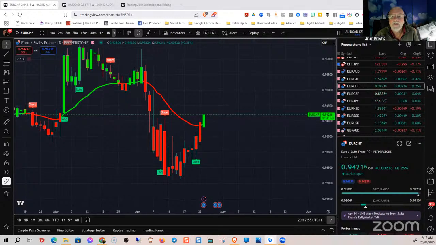So I'm going to buy this now. And I'm going to put a stop down here at the moment, 93253. Only 7 pips away from entry.